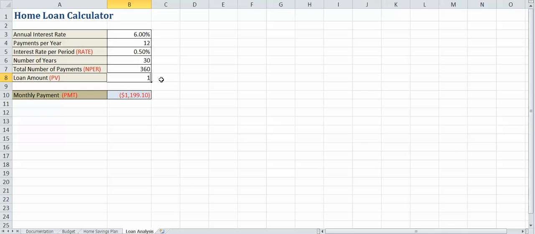For example, $175,000. So as you can see, once you've got this set up, you can manipulate your numbers to see what your options are and to find the payment that would best fit your budget. So that is the payment function.